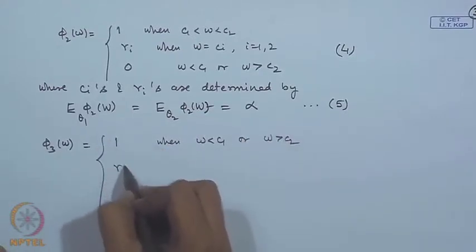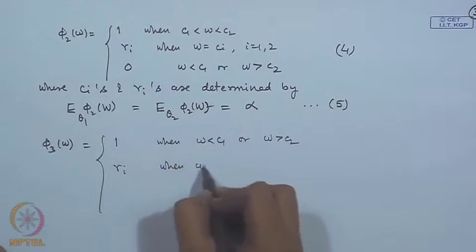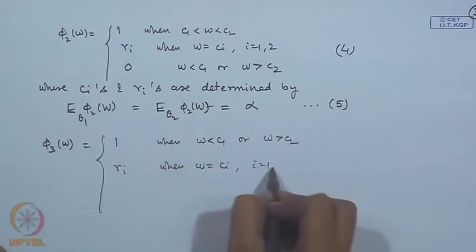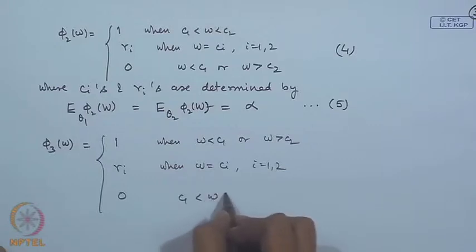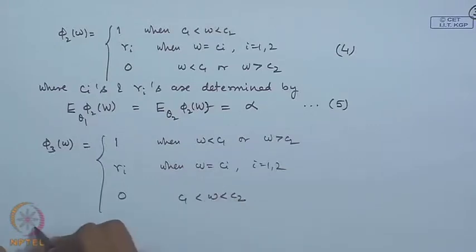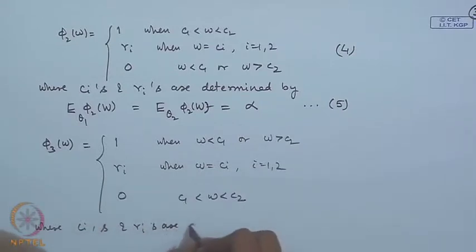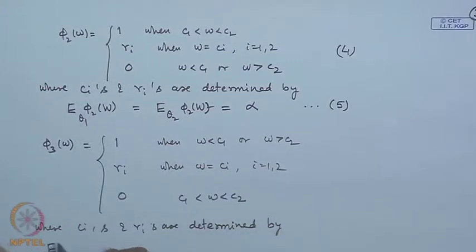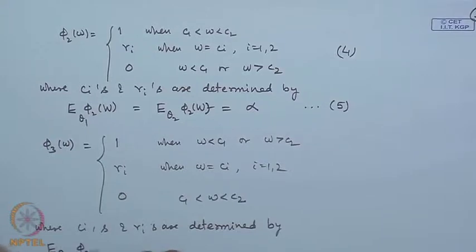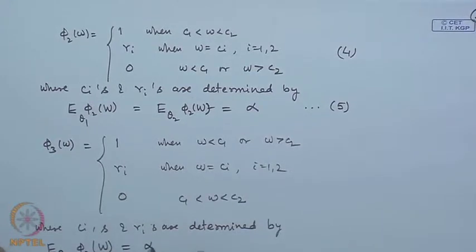It is equal to gamma i when W is equal to C i for i is equal to 1, 2, and it is equal to 0 if C1 is less than W is less than C2. C i's and gamma i's are determined by the size conditions expectation at theta i of phi 3 of W is equal to alpha for i is equal to 1, 2.